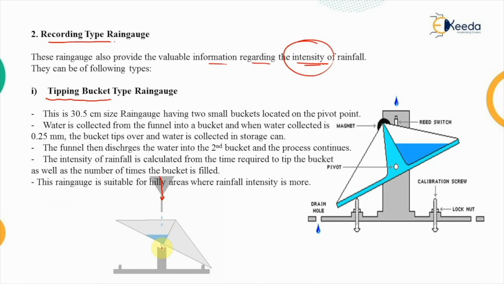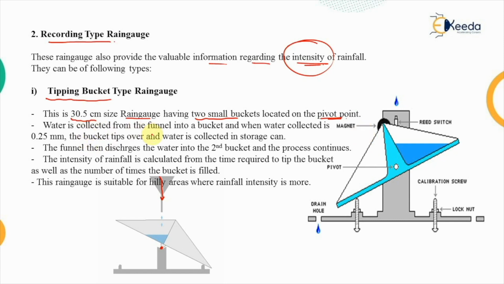So there is a certain pivot point which is present here. So the water is allowed to fall into this bucket through the funnel, and in this 30.5 centimeter size rain gauge, that means this entire assembly will be packed in a rain gauge having a size of 30.5 centimeter, these two small buckets are located on a pivot point about which it is tipping over.